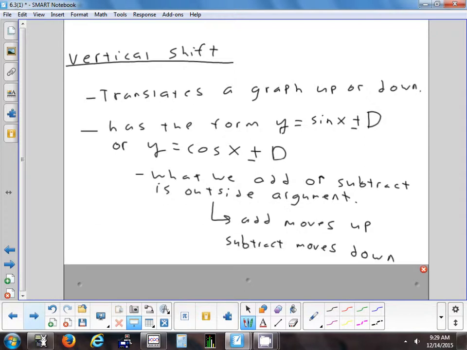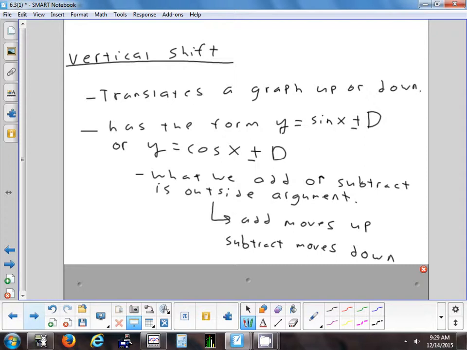They're supposed to be in parentheses now. No parentheses here. Okay, so this time what you're adding or subtracting is outside the argument. If I put parentheses around the x and the d, what would that make it? Phase shift. That'd make it a phase shift.